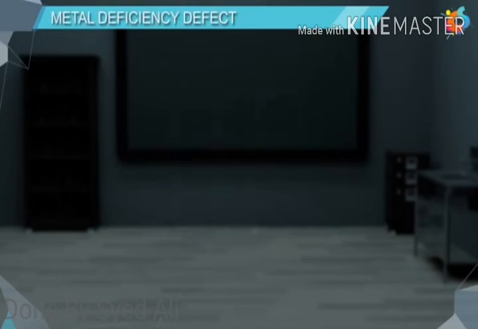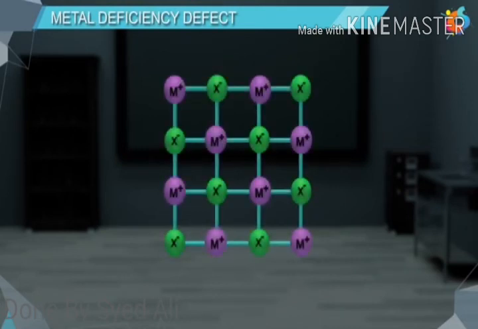The second non-stoichiometric defect name is metal deficiency defect. This type of defect is created when a metal ion goes missing from its original lattice site.